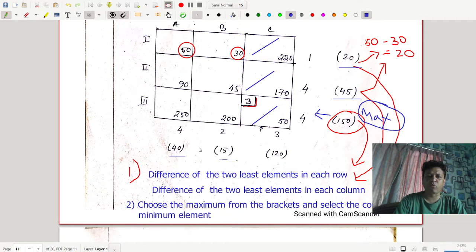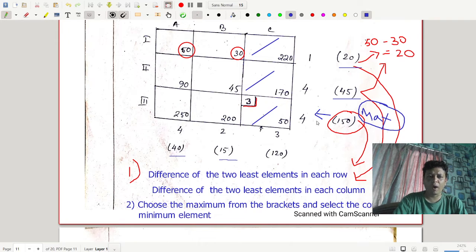So 150 is the maximum. Choose the maximum from the brackets and select the corresponding minimum element. So 150 is the maximum.